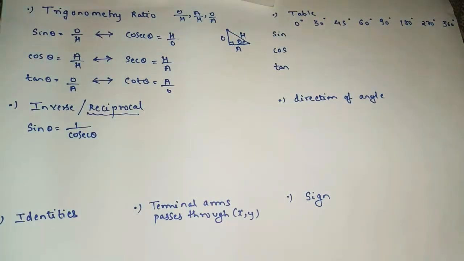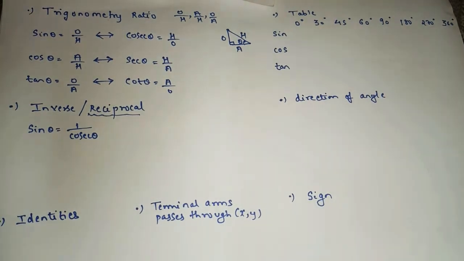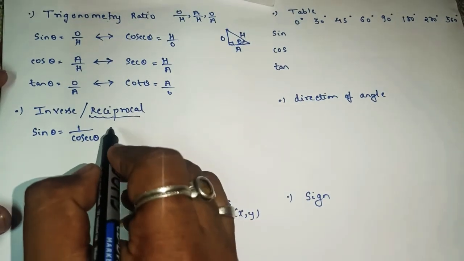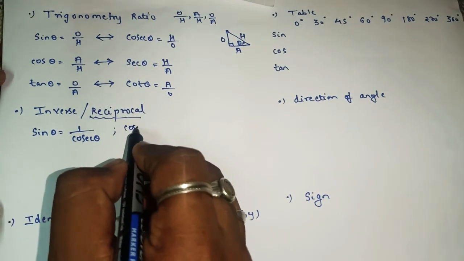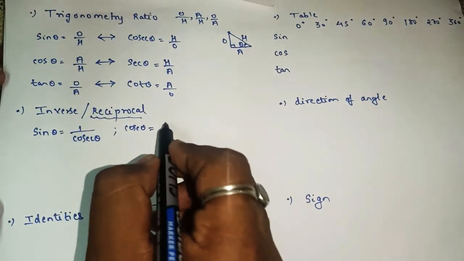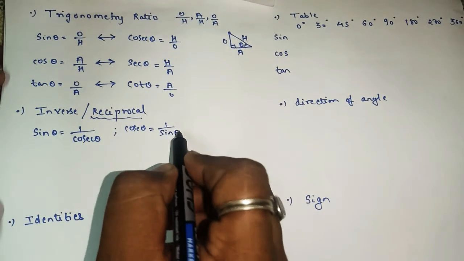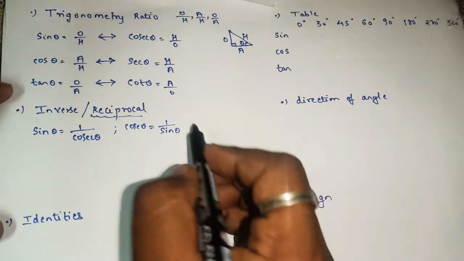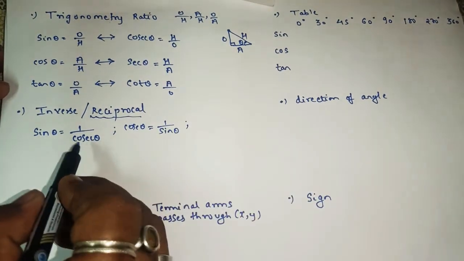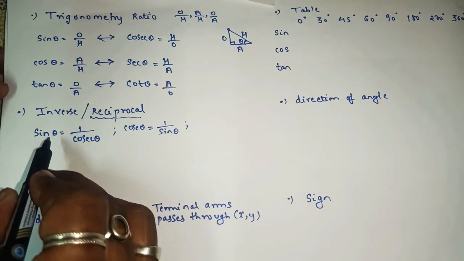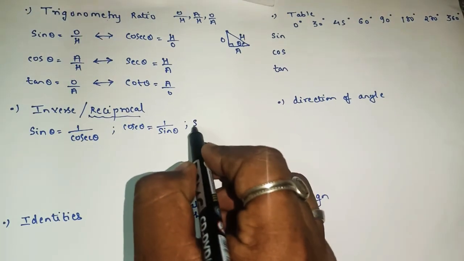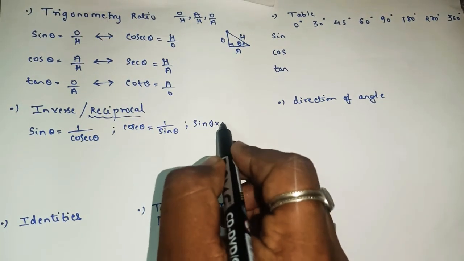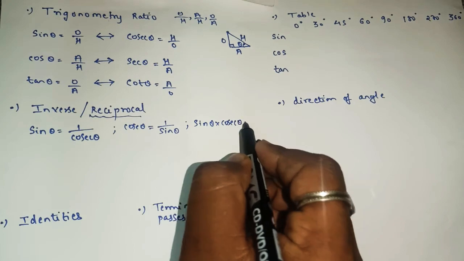Cos and sec are reciprocal. Tan and cot are reciprocal. So sine theta equals 1 upon cosec theta, and cosec theta equals 1 upon sine theta. Here we can create one more formula. Just shift this cosec to the left hand side, so you will get sine theta into cosec theta equals 1.